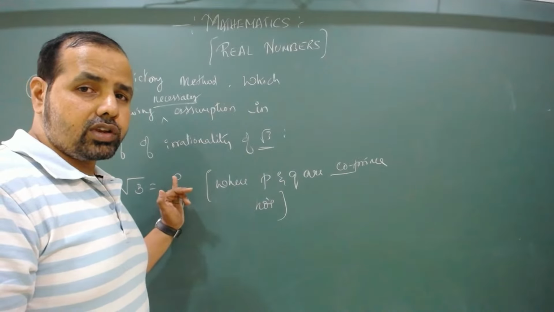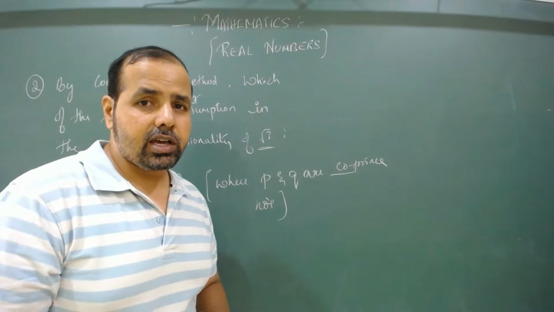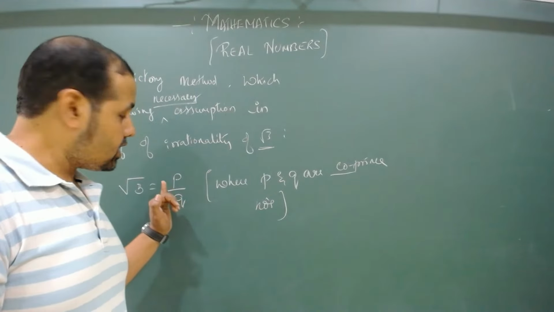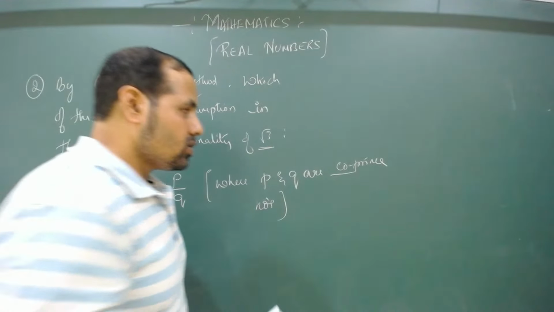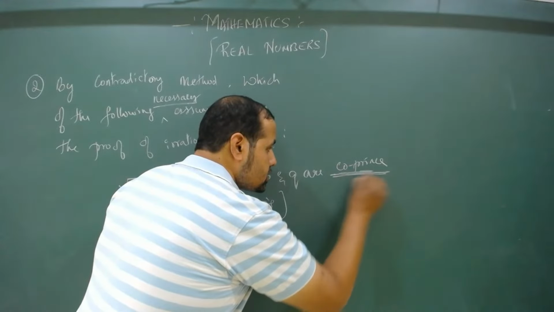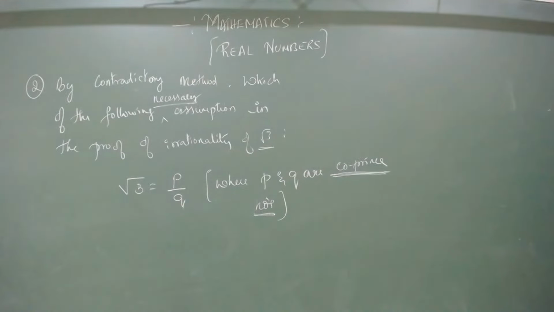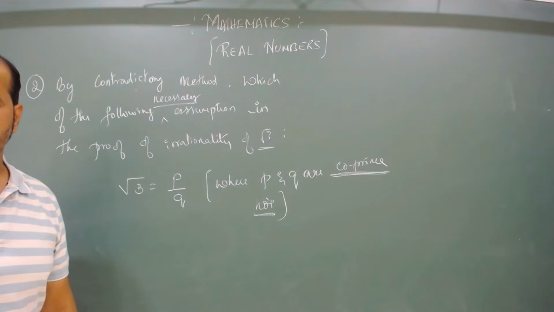Whenever we write root 3 is an irrational number, we start by making an assumption: let us assume that root 3 is a rational number where P and Q are co-prime. This should be made clear. So this is a direct and an easier question.